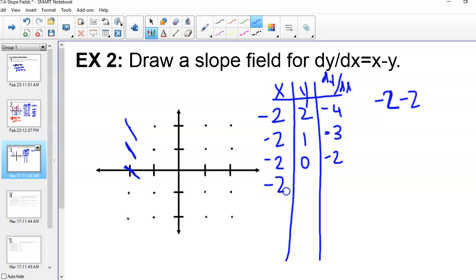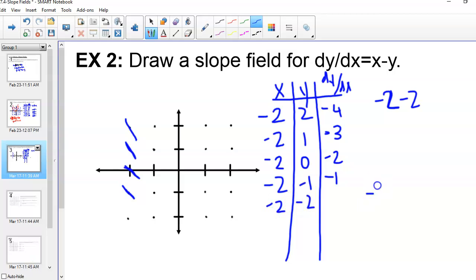At negative 2, negative 1, this time I've got negative 2 minus negative 1, which is actually like negative 2 plus 1. So that is going to give me a negative 1. It's a slope of negative 1 here. And then negative 2, negative 2.